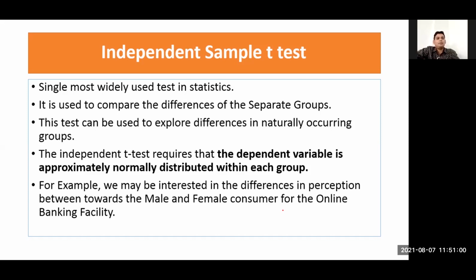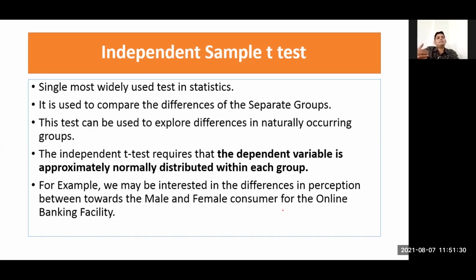For example, we may be interested in differences in the perception between male and female toward the online banking facility, right? So we need to understand there are two kinds of variable associated with this statement. First is the gender preference. The gender is either male or female. And second is their perception toward the online banking facility in Ahmedabad city.